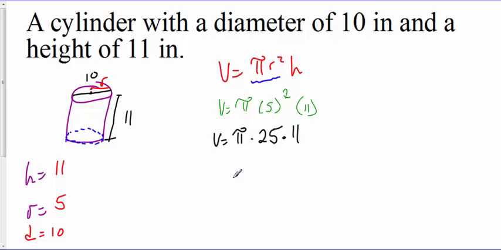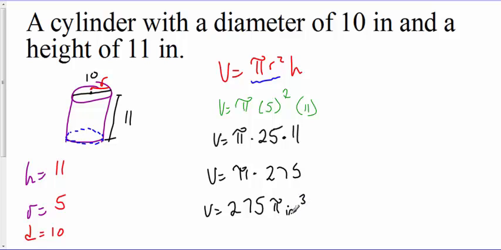Now we can go ahead and multiply 25 times 11. In doing that, we get volume equals pi times 275, or 275 pi inches cubed, because everything is in inches, right?